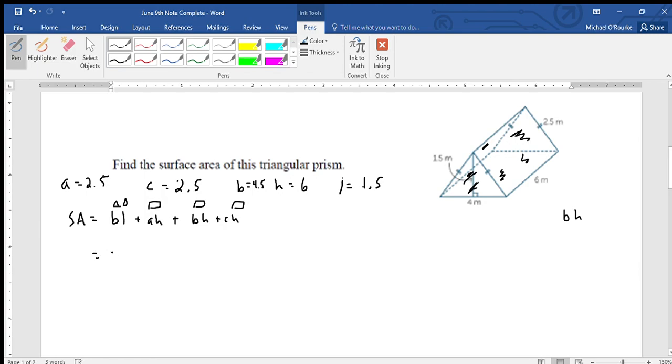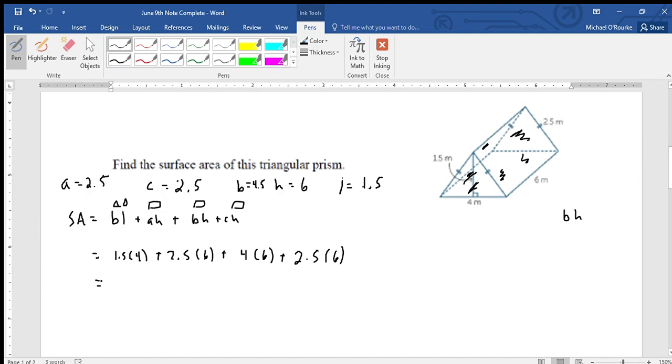So this one here is 1.5 times 4 plus 2.5 times 6 plus 4 times 6 plus 2.5 times 6. And let's do all that math.